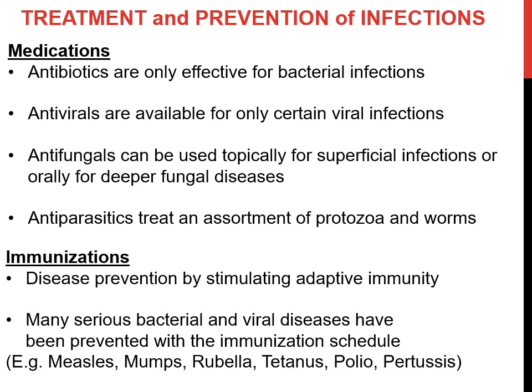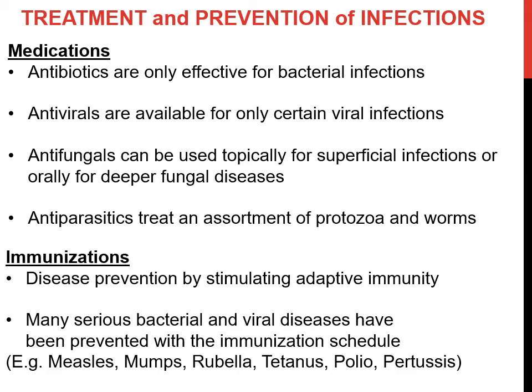We can prevent infections with immunizations that we just spoke about. So immunizations prevent infections by stimulating that adaptive immunity and creating long-term memory to that particular infection. Okay, so there are so many bacterial and viral infections that we just don't see anymore because of the immunization schedule that begins in childhood.